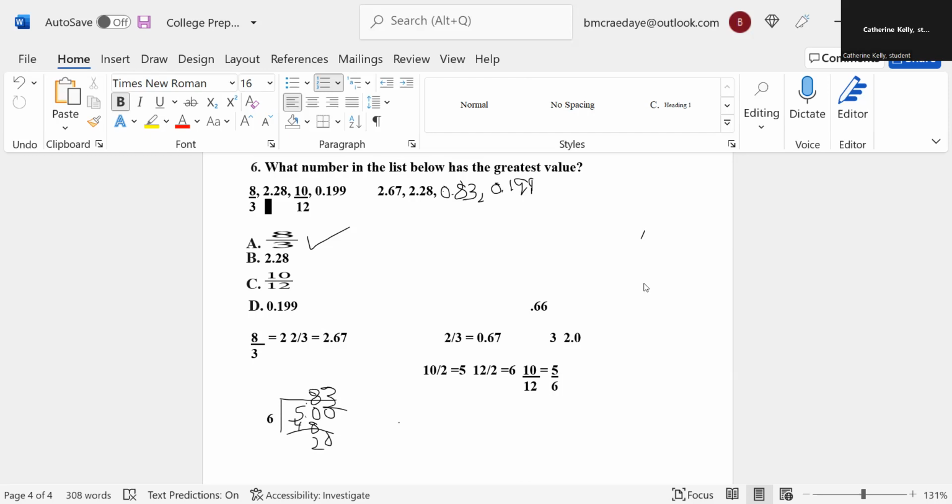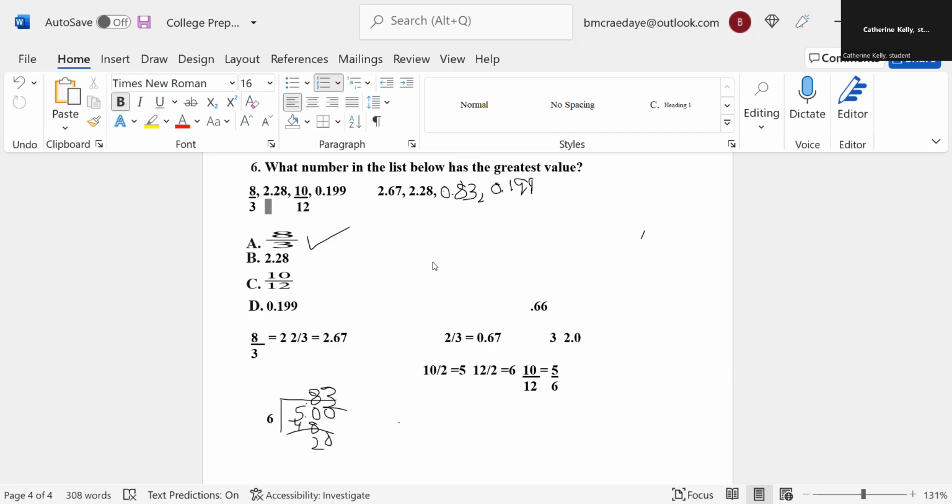Yes. Sometimes it may be the other way. It may be easier to make the decimals fractions. But in this case, it wasn't, because 0.199 and 2.28 are not nice and neat fractions. So it was easier to make the 8/3 a decimal and the 10/12 a decimal. Got it? Okay. Yes.